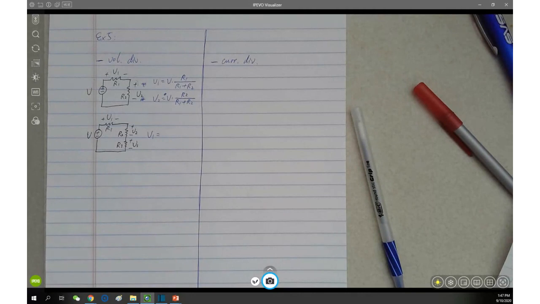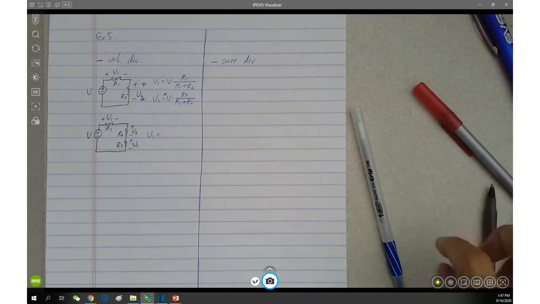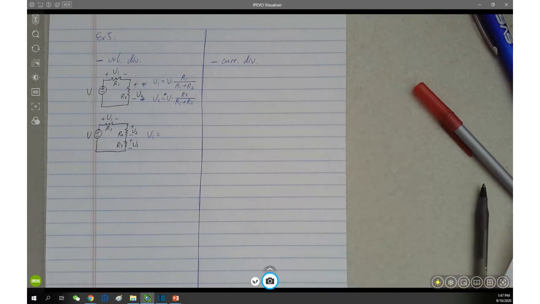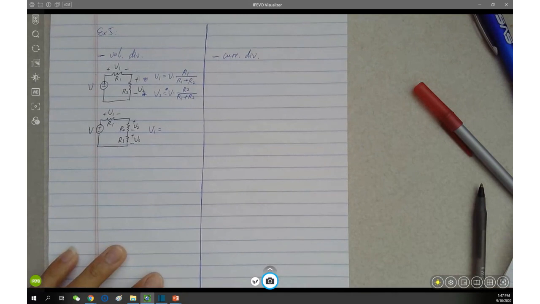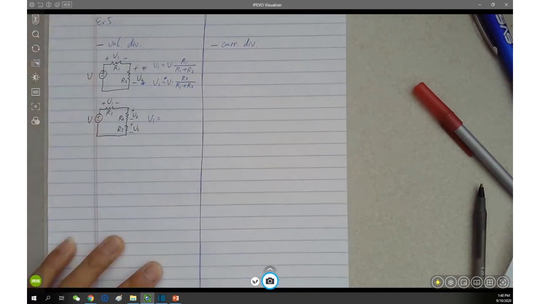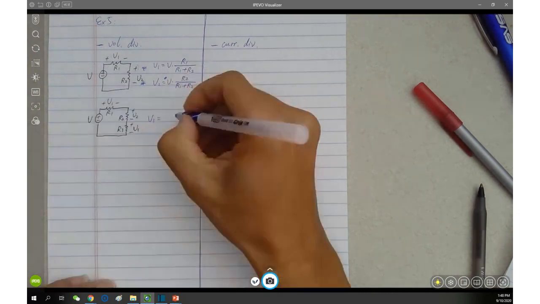V1 equals what? Not something difficult, right?